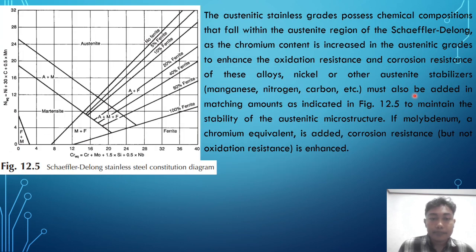Next, the austenitic stainless grades possess chemical compositions that fall within the austenitic region of the phase diagram below.